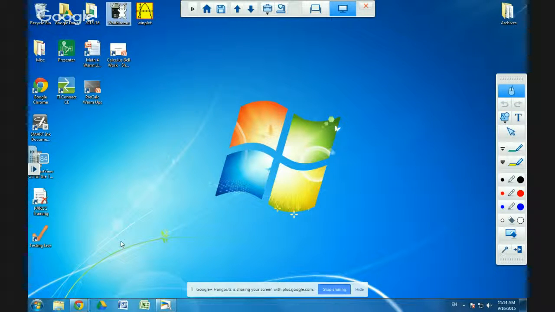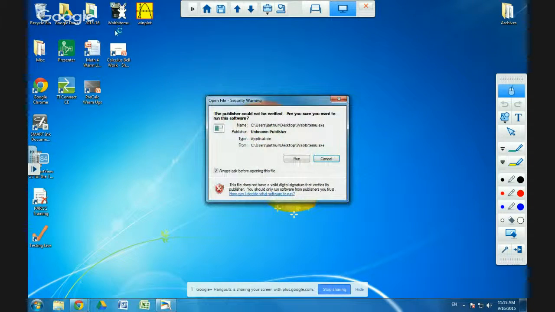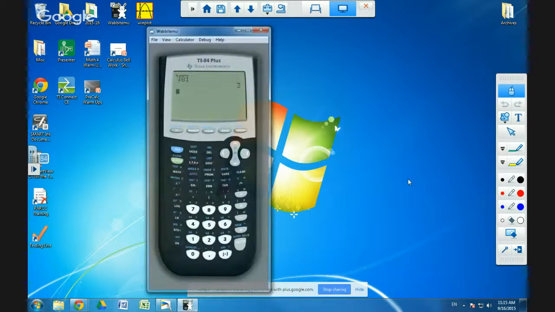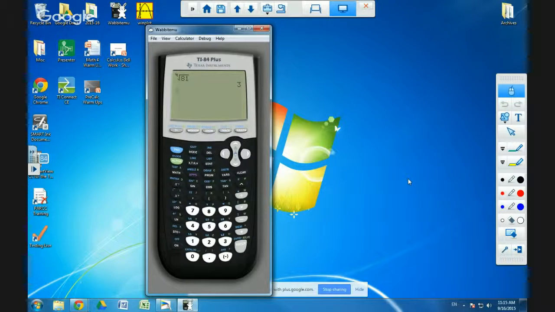Put sine x over x in your y equals. Make sure first that you are in radians mode. We're in calculus now, so we're in radians mode.